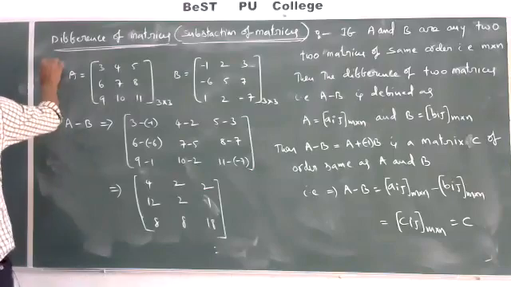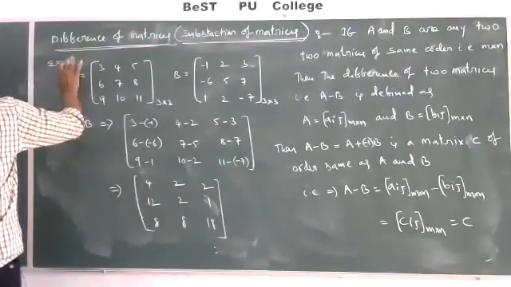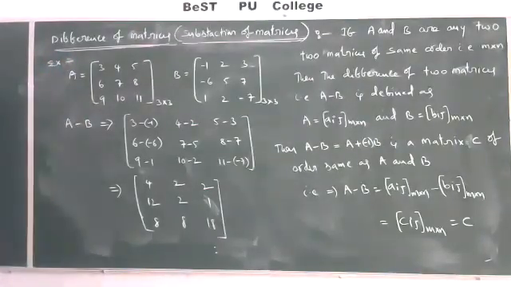Write this example. A is equal to 3, 4, 5, 6, 7, 8, 9, 10, 11. B is equal to minus 1, 2, 3, minus 6, 5, 7, 1, 2, minus 7.